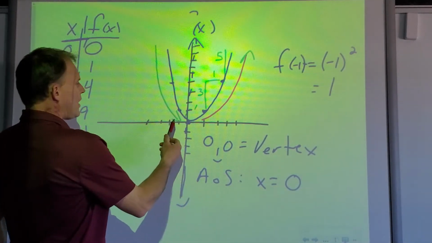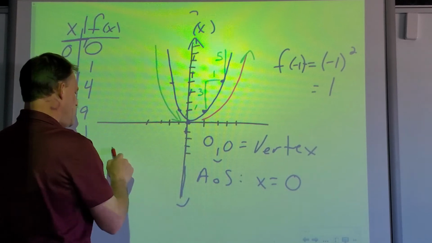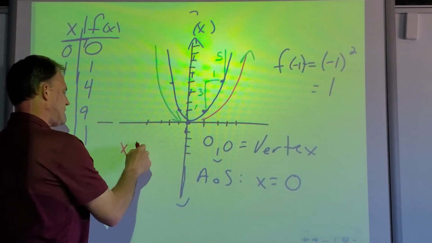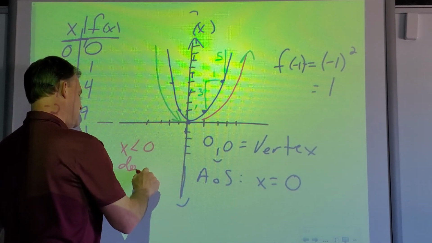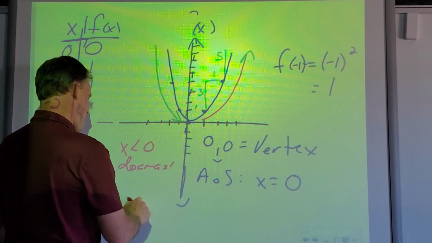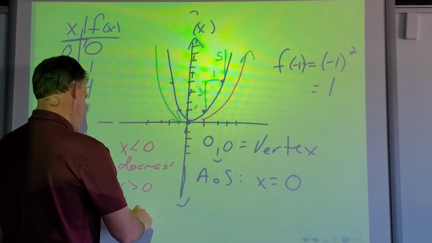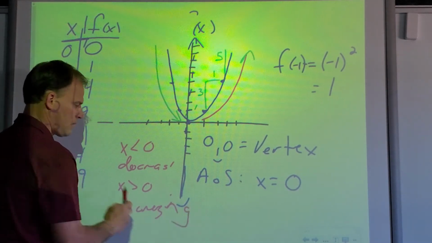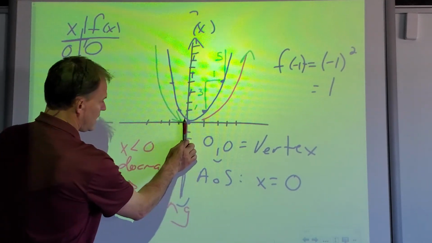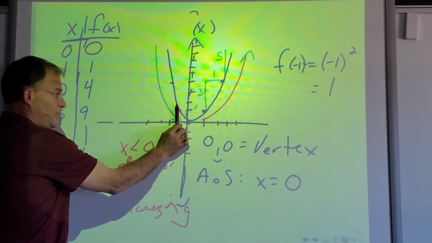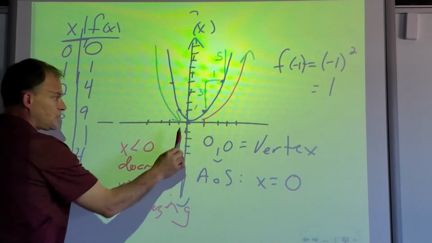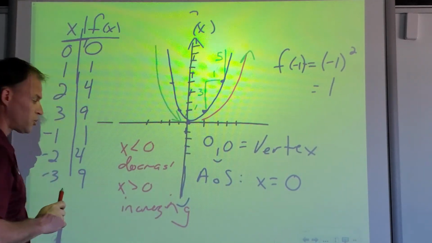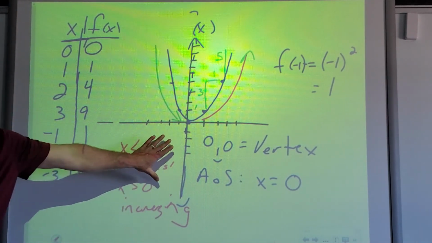So I would say it's decreasing at x less than 0, it's decreasing. And when x is greater than 0, it's increasing. So when x is less than 0 on this side of the graph, it's decreasing. When x is greater than 0 on this side of the graph, it's increasing. Okay? Make sure you're writing all this down.